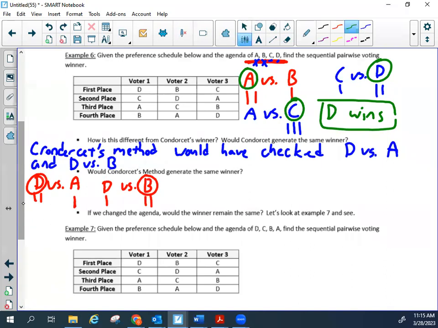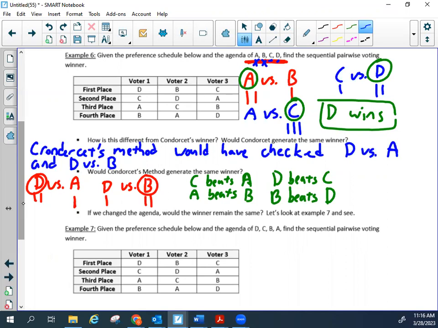Which means C beats A. A beats B. D beats C. And B beats D. So in reality, everybody won something and everybody lost a head-to-head, which means this is a Condorcet paradox.